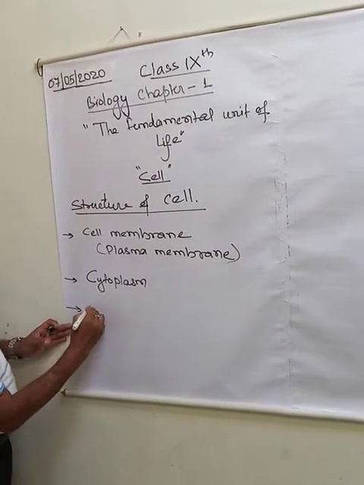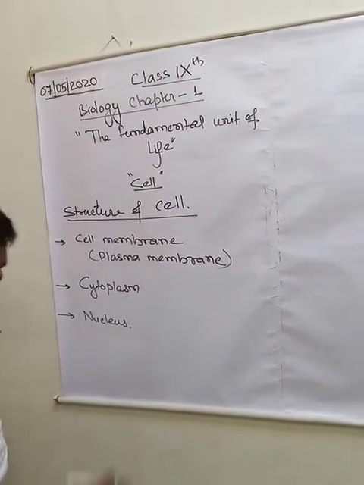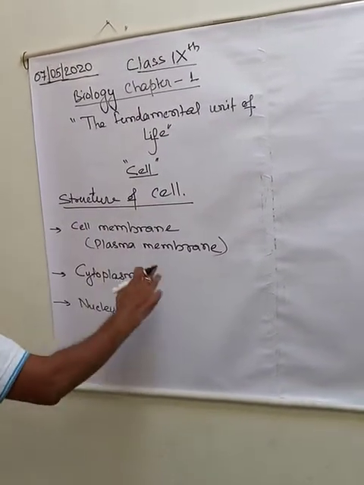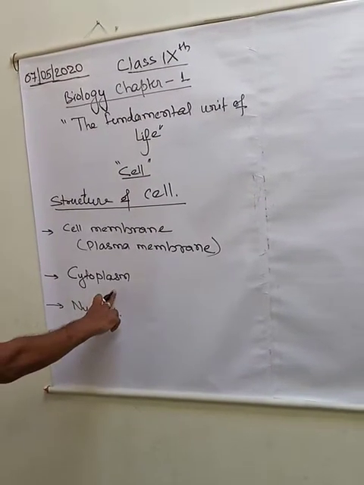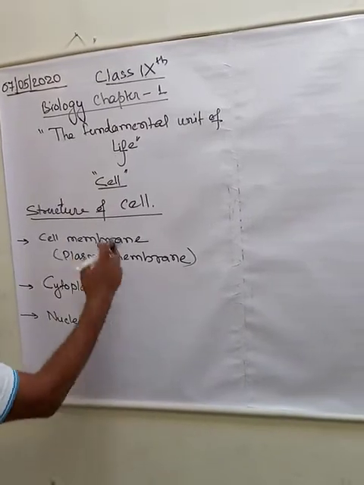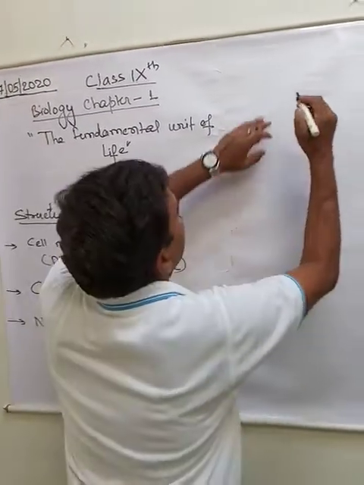And the third is nucleus. So these are the three typical structures of a cell: the nucleus, the cytoplasm, and the plasma membrane. We will study all these three one by one. Let us start with cell membrane.